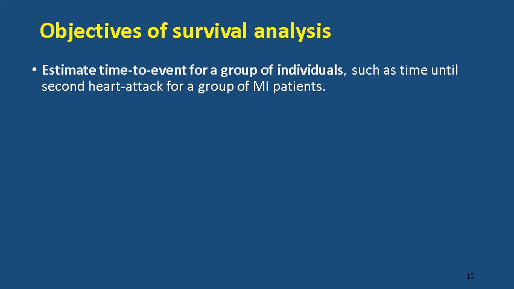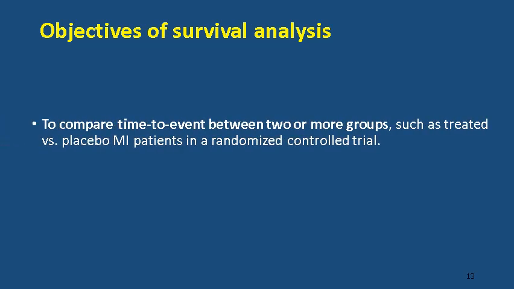Second, compare time to event between two or more groups, such as treatment with placebo in myocardial infarction patients in a randomized controlled trial. Treatment group and placebo group. So what is the time to event in the treatment group and in the placebo group? That can be studied.